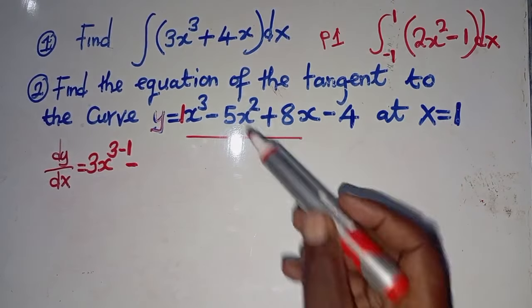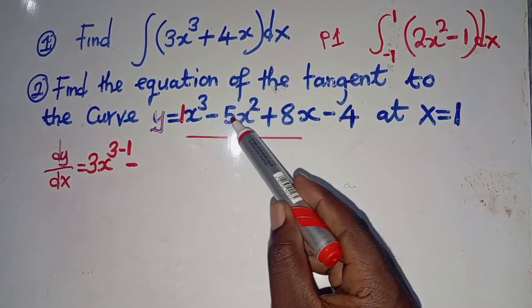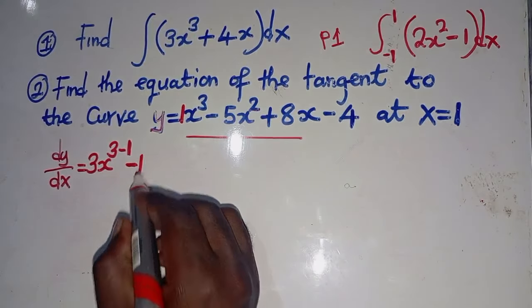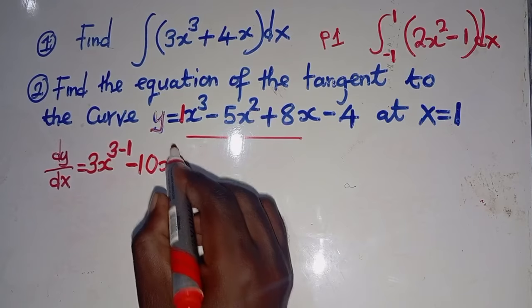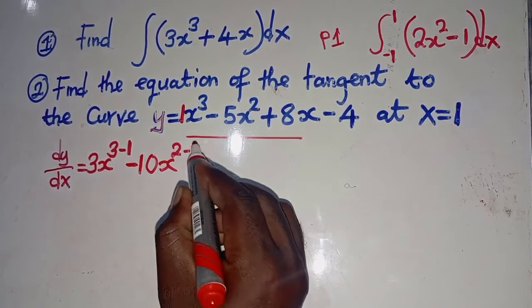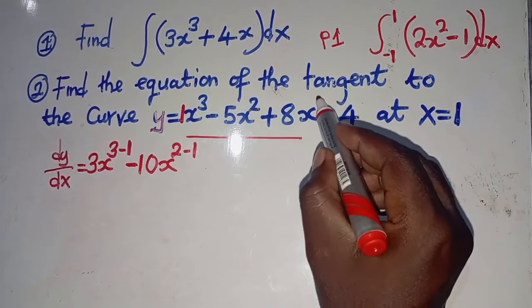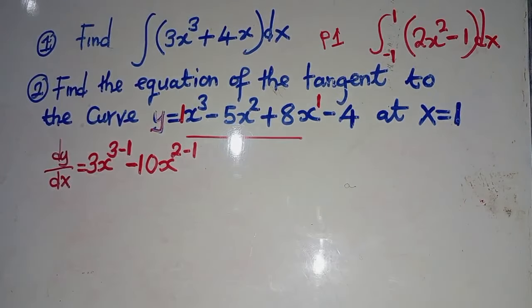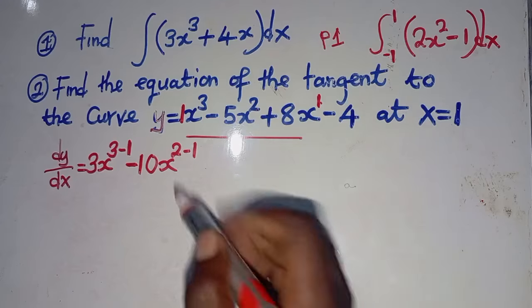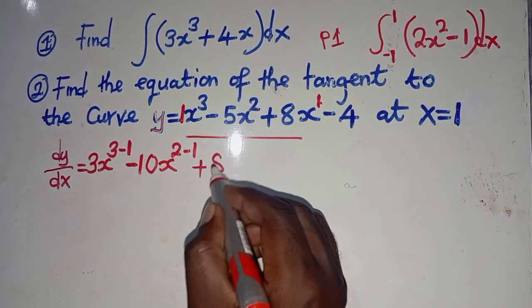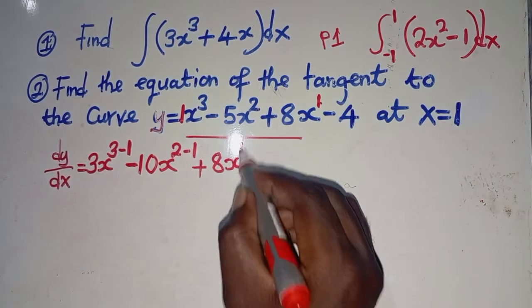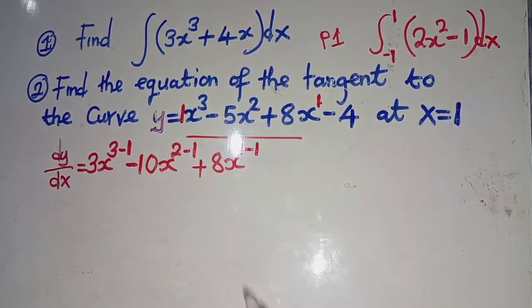Continue, minus 2 times 5, you get 10. Then x will be maintained, the power there, you say minus 1. This one is raised to the power 1, so 1 times 8, that is 8. Then x, 1, we say minus 1.